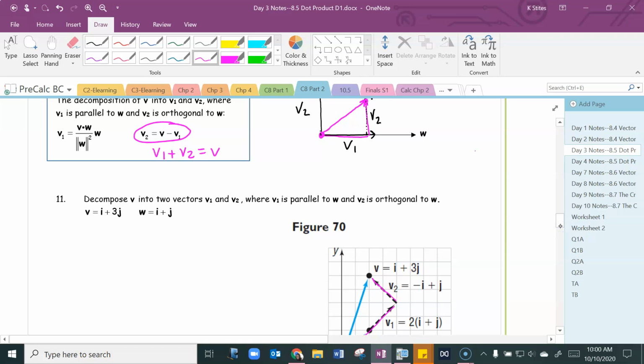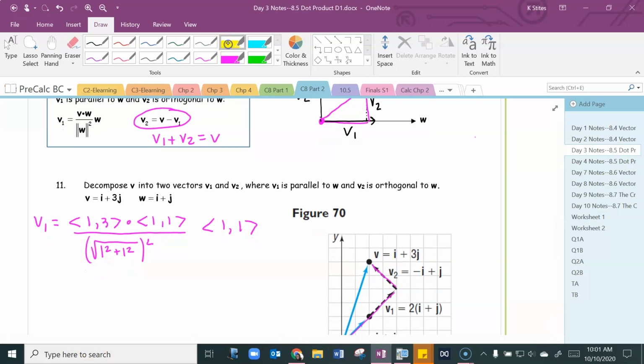So first thing you're going to do is just find V1, and you're just going to use the formula right there. V dot W, so that's <1, 3> dot <1, 1>, over the magnitude of W squared. So that's going to be the square root of 1 squared plus 1 squared, and I am squaring it. And then you are multiplying it by W, which is <1, 1>.